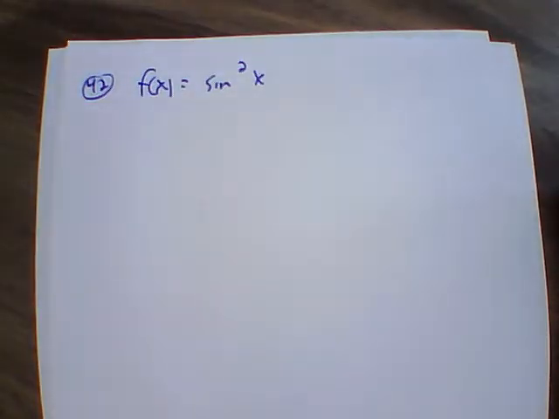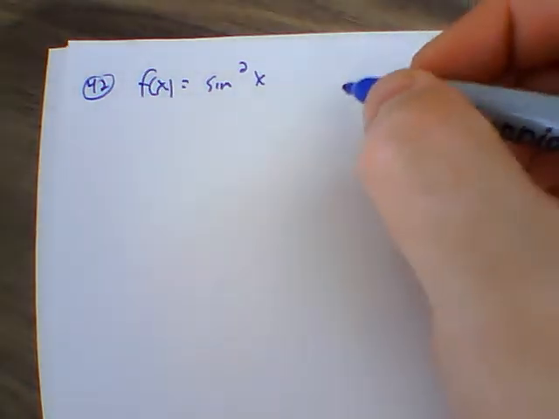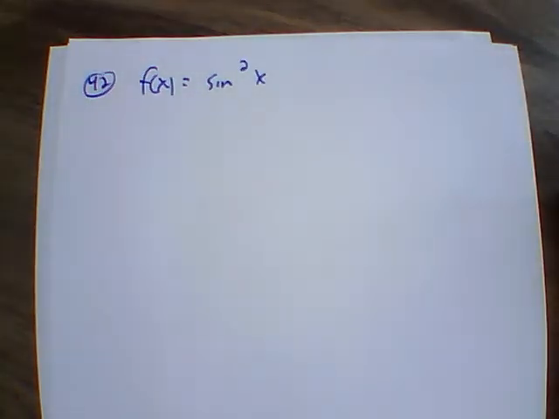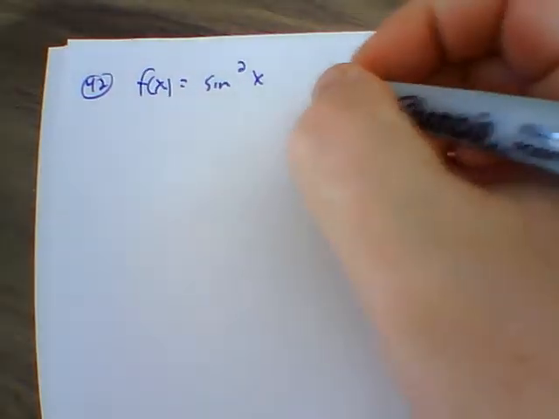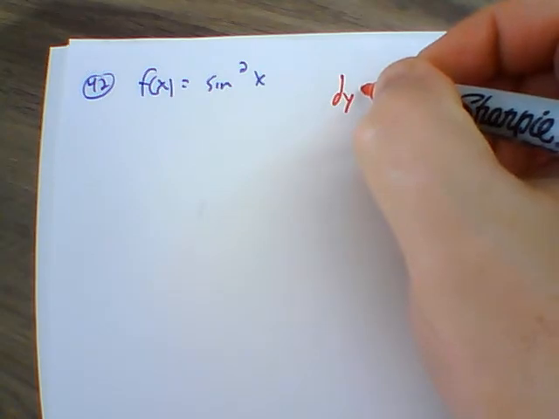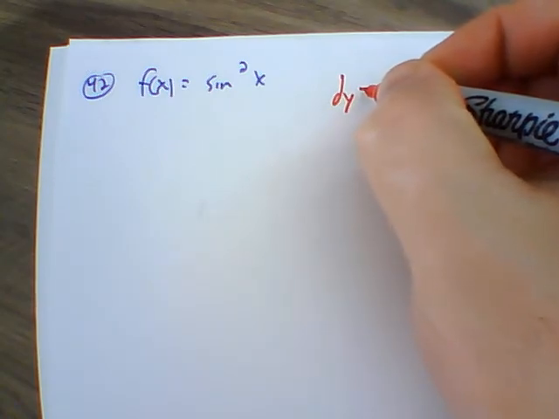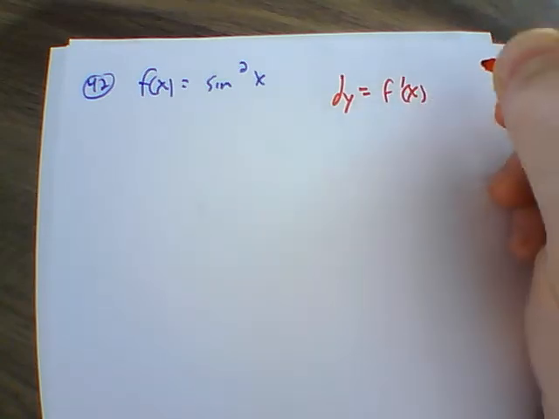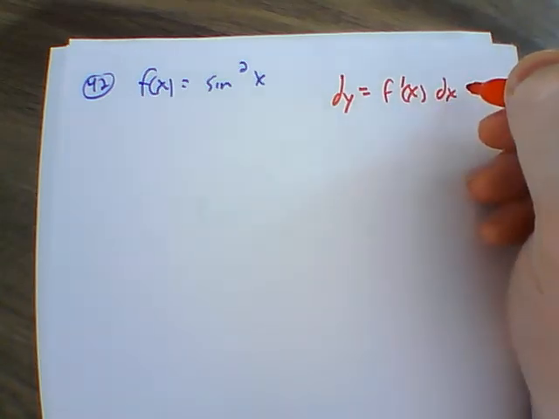It tells us to consider the following functions and express the relationship between a small change in x and the corresponding change in y in the form dy. So we want this form, I'll change over to my red color here: dy equals f prime of x dx.